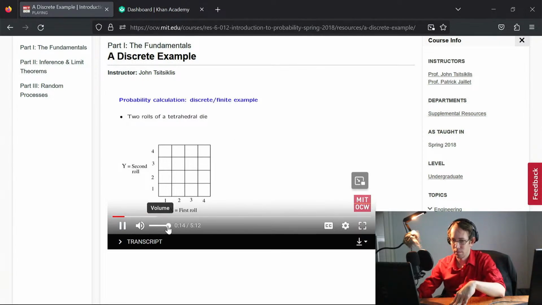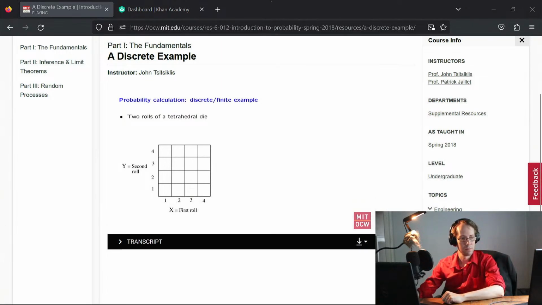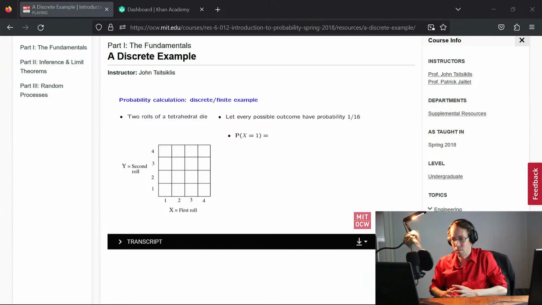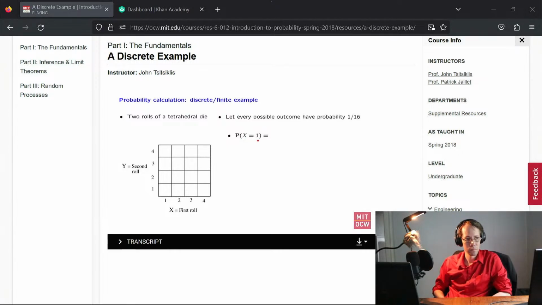As illustrated in this diagram. To continue, now we need to specify a probability law, some kind of probability assignment. To keep things simple, we're going to make the assumption that the 16 possible outcomes are all equally likely and each outcome has a probability of 1 over 16. Given this assumption, we will now proceed to calculate certain probabilities. Let us look first at the probability that X, which stands for the result of the first roll, is equal to 1.